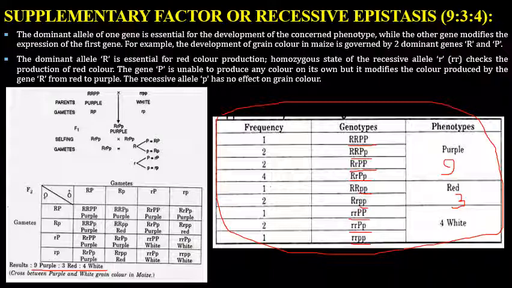So whenever capital R and capital P are both present, the individuals have the purple phenotype. When only capital R is present, red colored grains are produced. In the absence of capital R, the capital P gene, wherever present, shows white colored individuals, that is 1 plus 2 plus 1, 4 individuals.